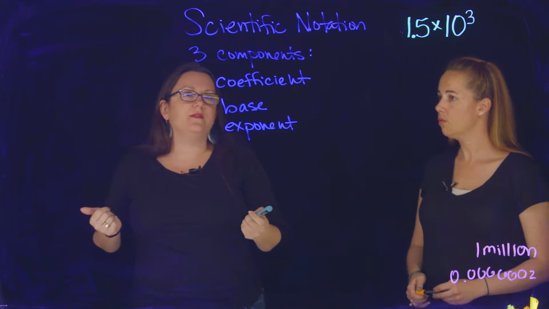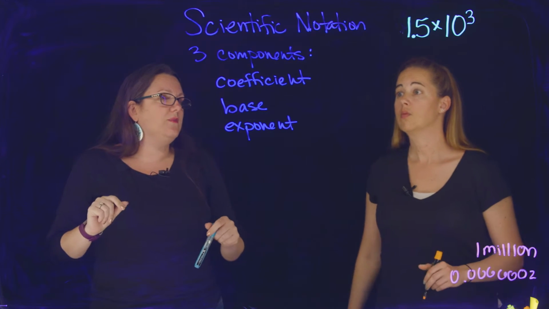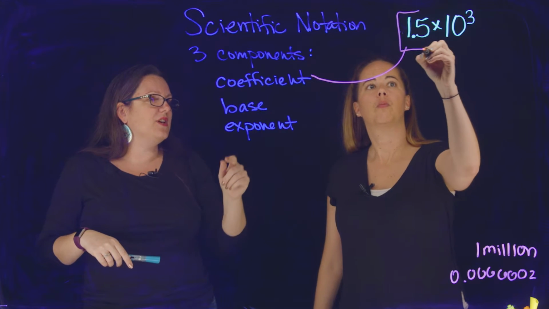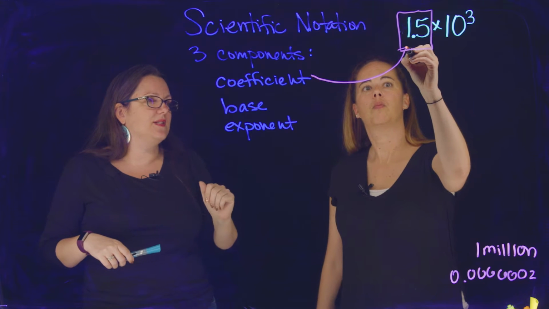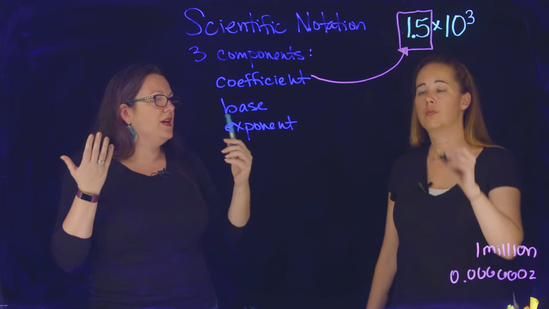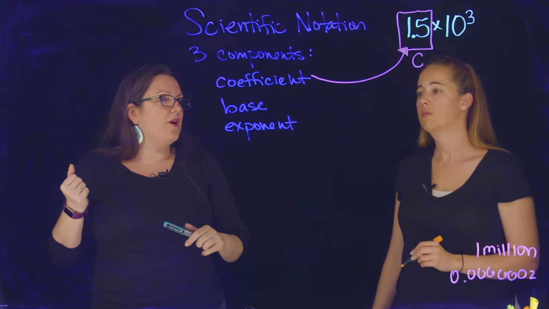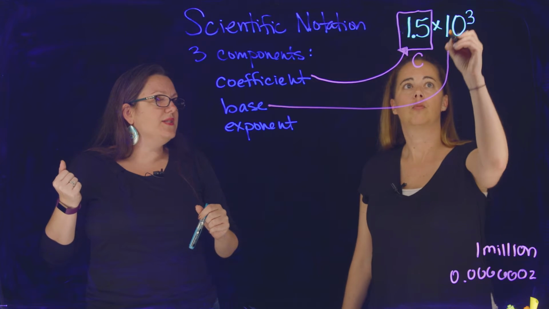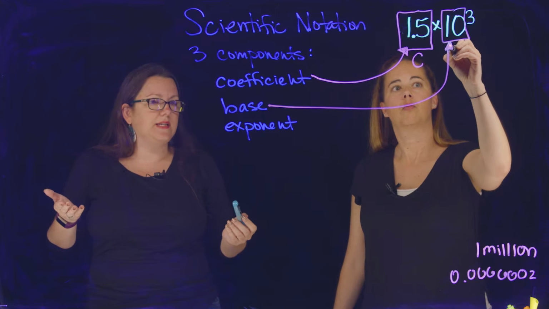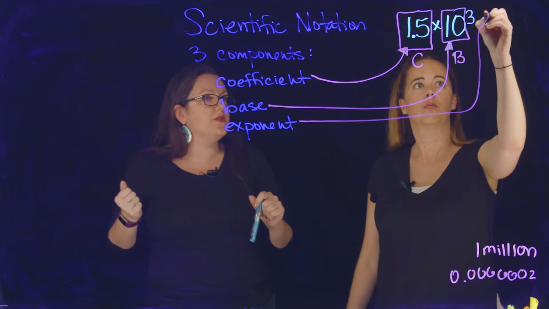So when we represent a value in scientific notation, we have 3 components listed here. One component is the coefficient. We'll mark each of these components in our representation in scientific notation. Our coefficient typically is going to be a number, perhaps with 1 decimal place, and then our base, in this case, is 10, and most of the values we use will be on a base 10, and then our exponent, in this case, is 3.